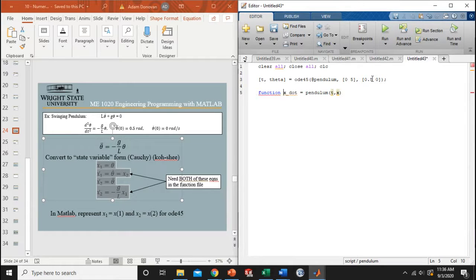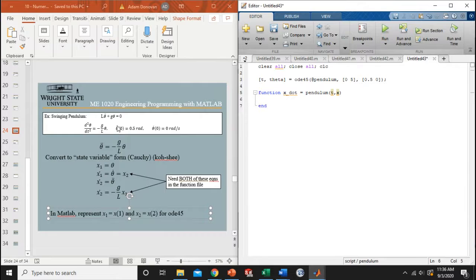Or in this case, I could do theta dot. Actually, no, it's x because I created my x's, didn't I? So my x is going to be, remember, x of 1 is going to be equal to x1 in these equations. X of 2 is going to be equal to x2 in these equations. And I'll show you what I mean here.